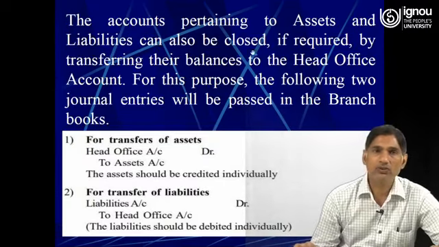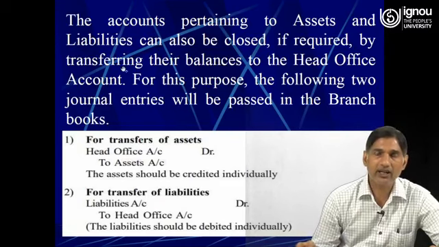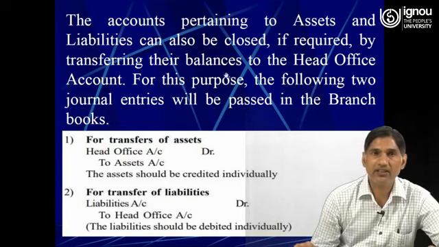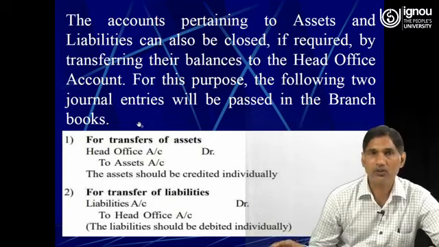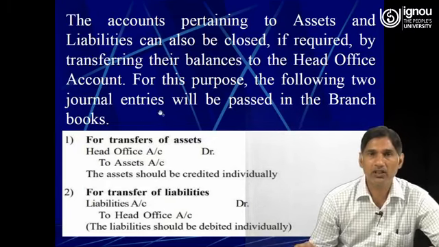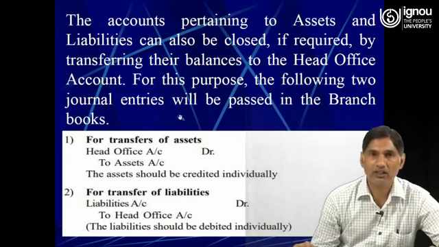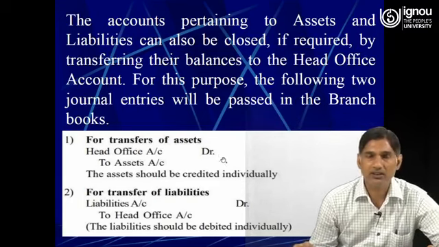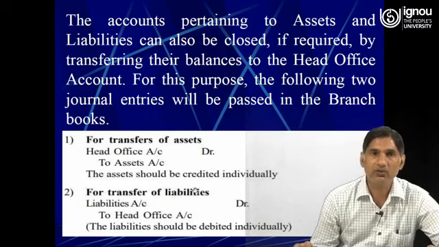The accounts pertaining to the assets and liabilities can also be closed if required by transferring their balances to the head office account. For this purpose the following two journal entries will be passed in the branch books. So for assets and liabilities, these are the two journal entries which need to be recorded.